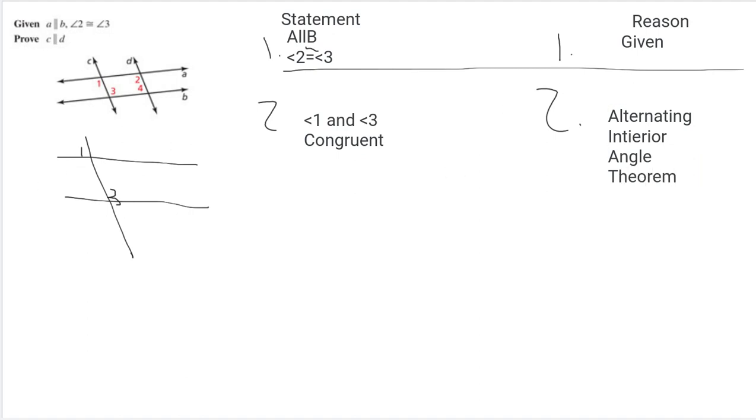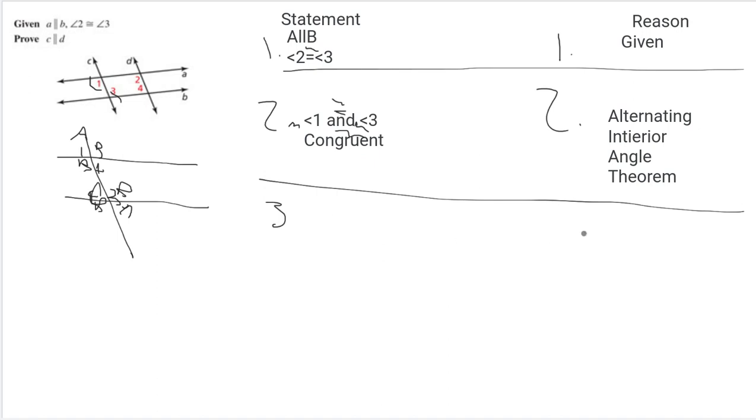The measure of angle 1 and the measure of angle 3 are congruent because, remember, A, B, A, B. Since angle 1 and angle 3 are both B angles, they're congruent.